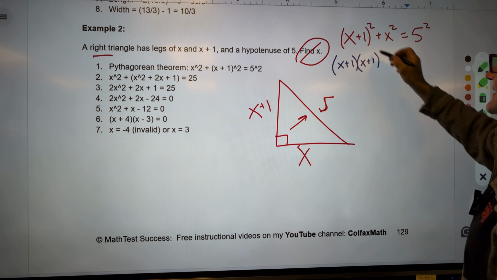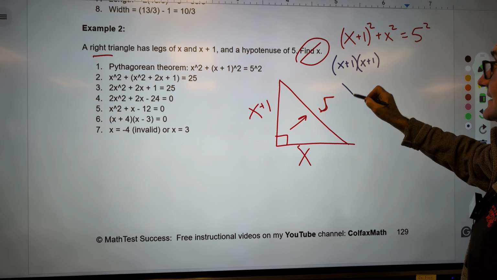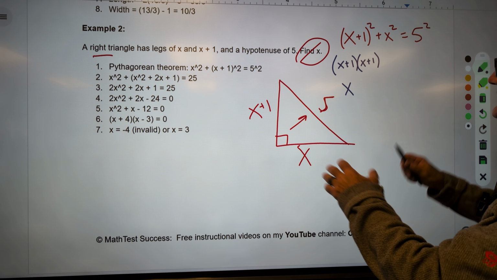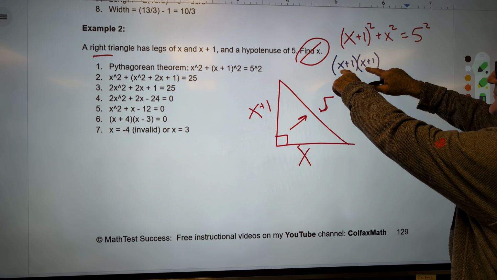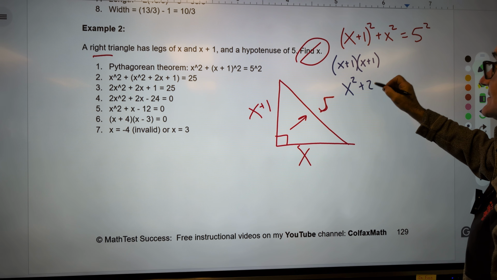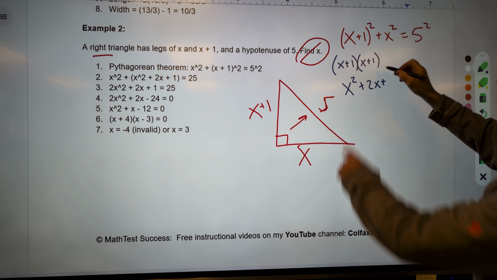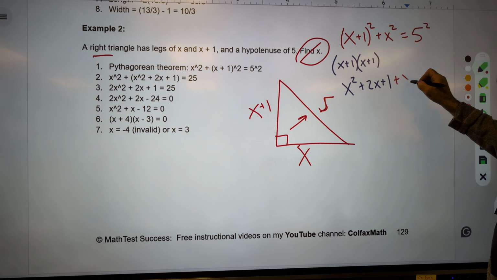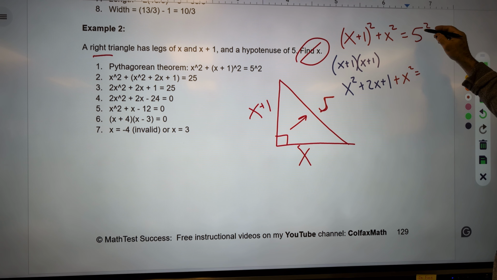I FOIL it out. We had a chapter on foiling and opening up. First term is x squared, plus x, plus x is 2x, plus the last term 1. I still have that x squared is equal to 5 squared, 5 times itself, 25.